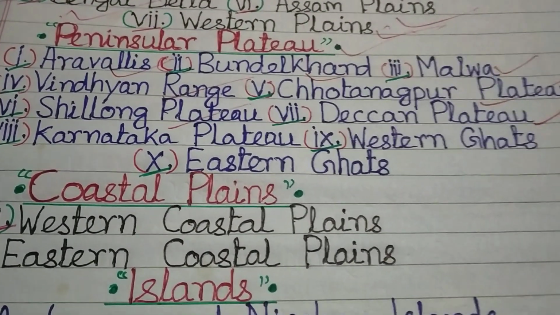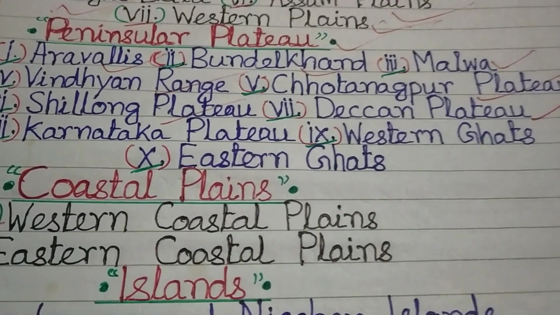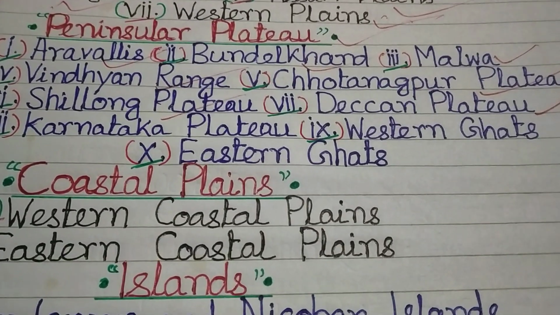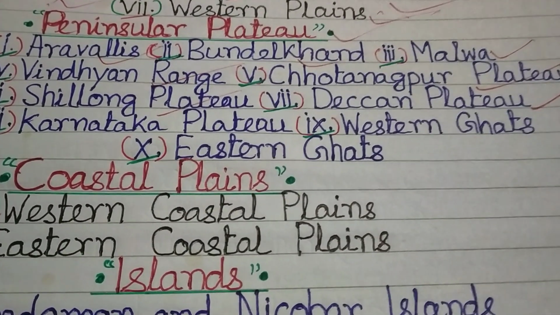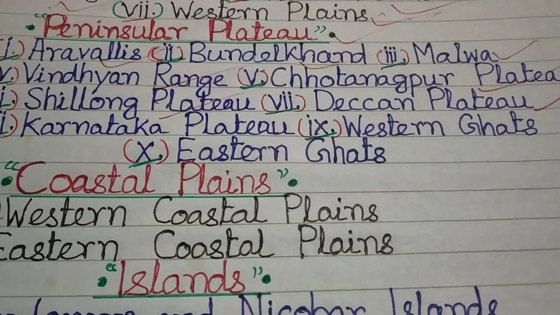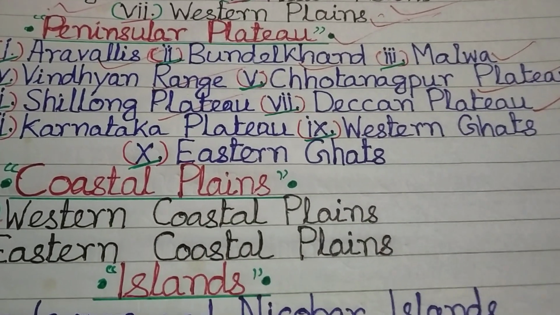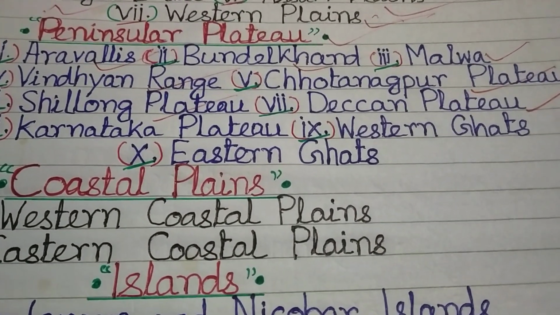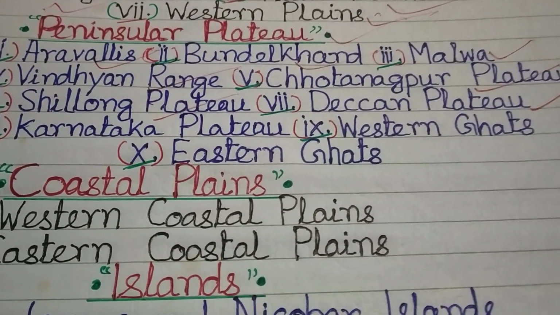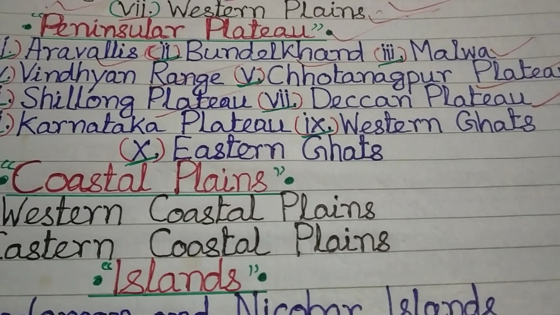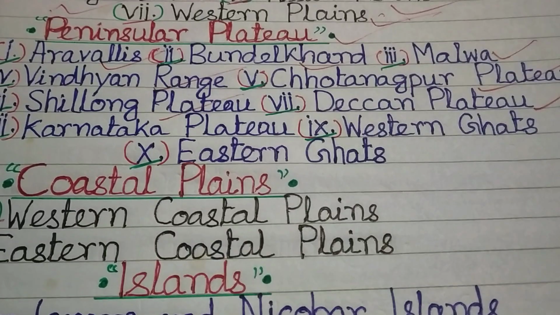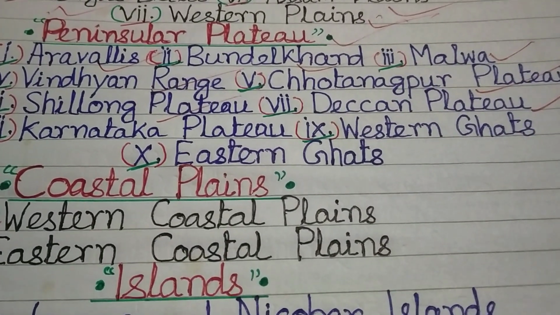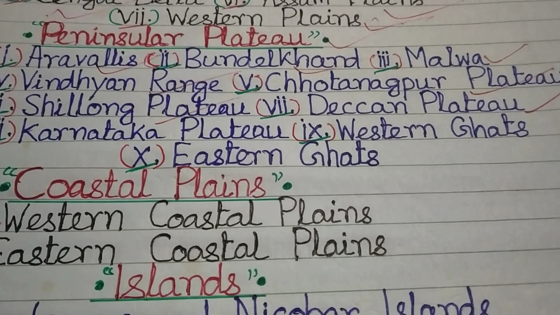This division is an elevated tableland consisting of horizontal lava beds deposited during the last phase of volcanic eruption. The plateau generally has a homogeneous relief sloping towards east and southeast.